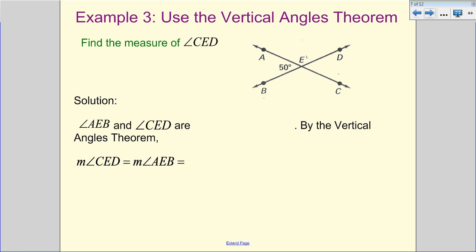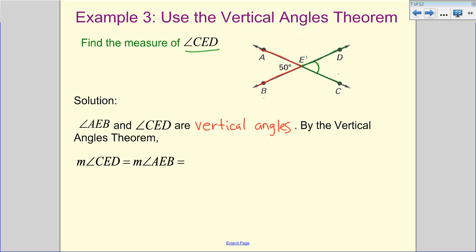All right, now we want to use the vertical angle theorem. We want to find the measure of angle CED. So once again, trace CED. So we're finding this angle right here. We know that angle AEB, the 50-degree angle that they give me, and angle CED are vertical angles.